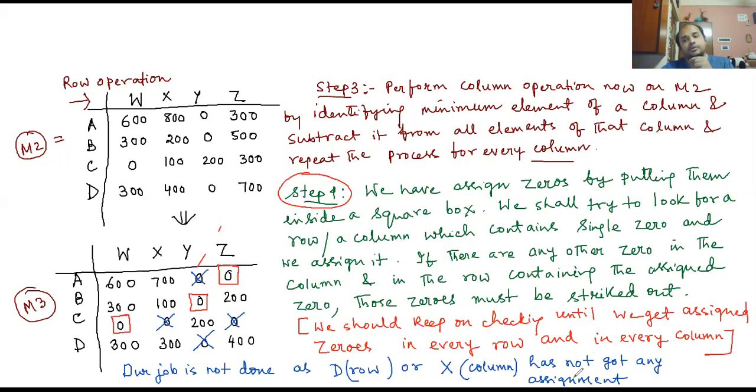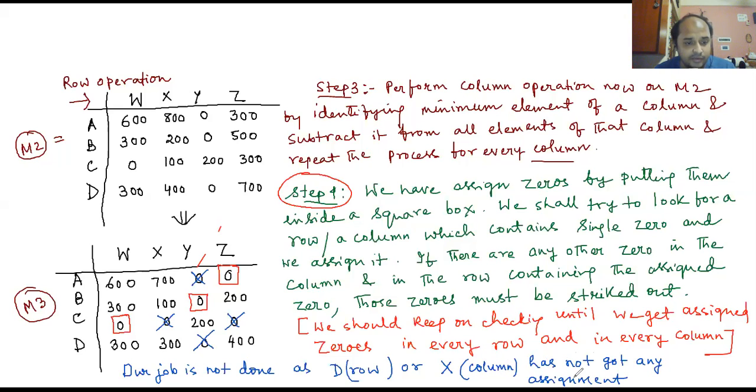So I am going to do something now which has not been discussed in my previous class. That is why I told you that it is the generalization. I'll say that I have got my optimal assignment only when I get an assignment in every row and in every column.